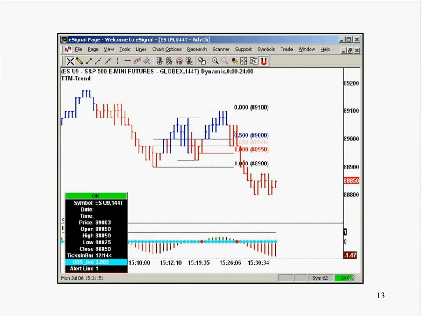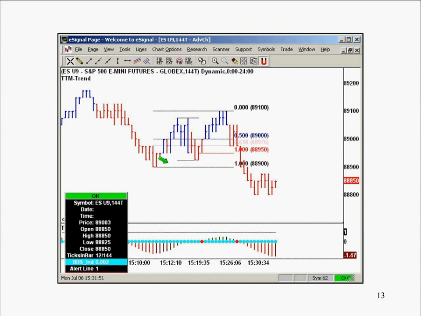Okay, now I wanted to show this example because you've got to be prepared for it. In this case, if you would have gotten in with the first entry, I need to find that arrow again. There it is. You would have been stopped out probably down here. That wouldn't have been a very good trade.